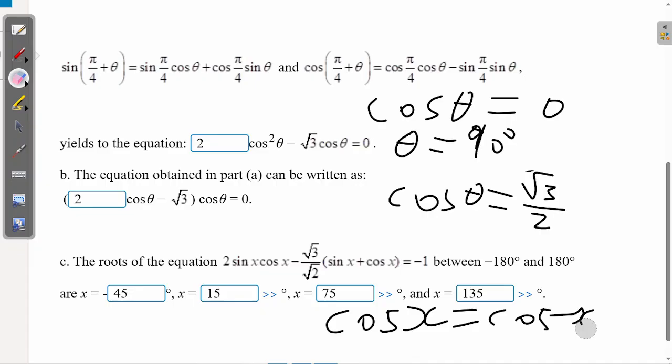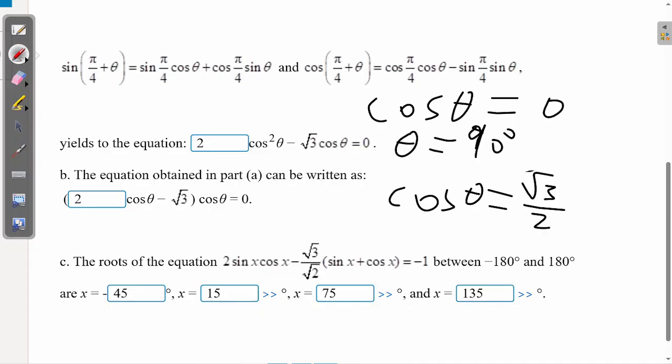So since we have 90 here, we put also negative 90. And you can double check on the calculator. Yes, you get 0.